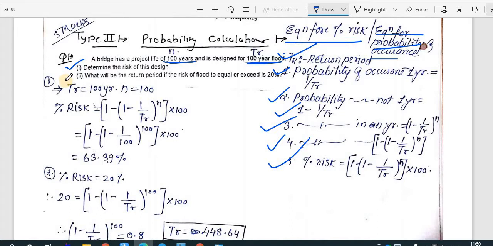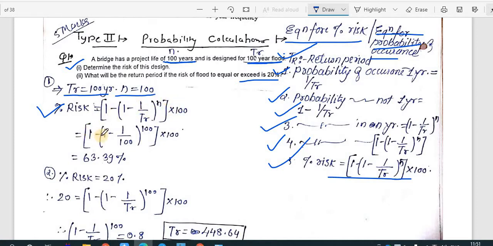What will be the return period if the risk of the flood equaling or exceeding is 20%? So we need to find the risk of the design. First, we are given the following data: TR equals 100 and n equals 100. So percentage risk is given by the percentage risk formula, 1 minus (1 minus 1 by TR) to the power n, into 100.